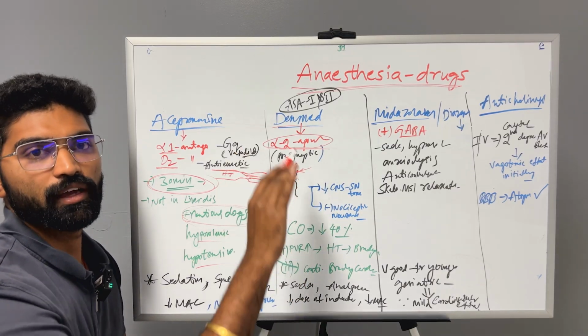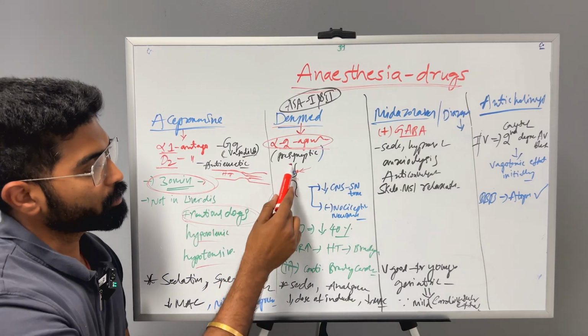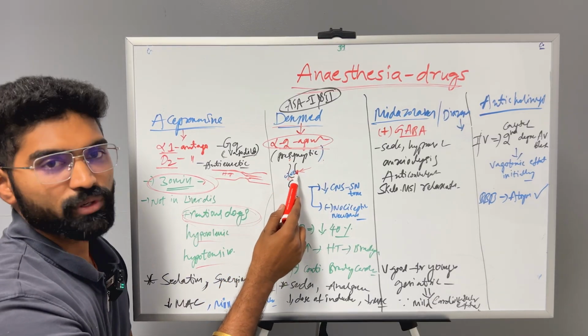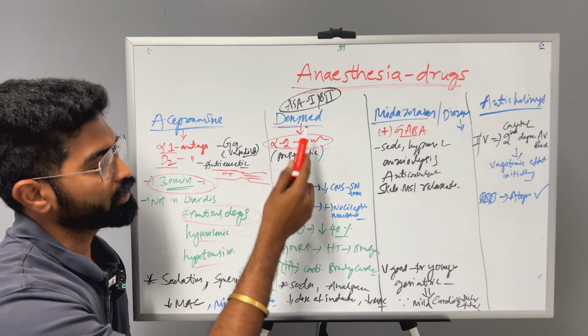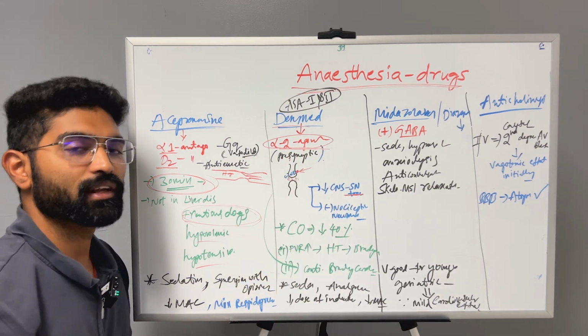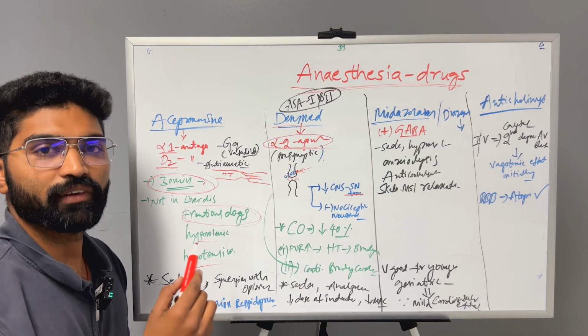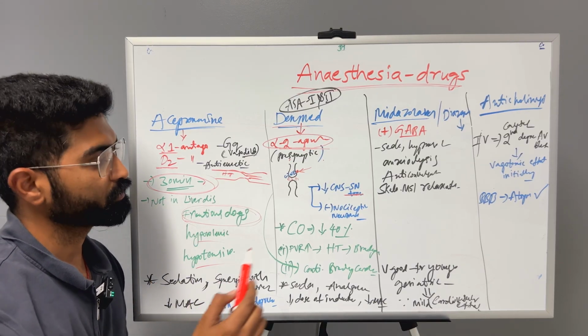This is a control mechanism for the adrenergic nervous system. Whenever the presynaptic alpha-2 receptors are activated with Dexmedetomidine, it will reduce the sympathetic nervous system tone. That will reduce the heart rate, and subsequently it reduces the cardiac output.